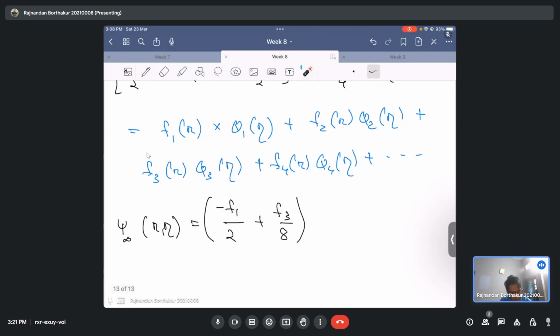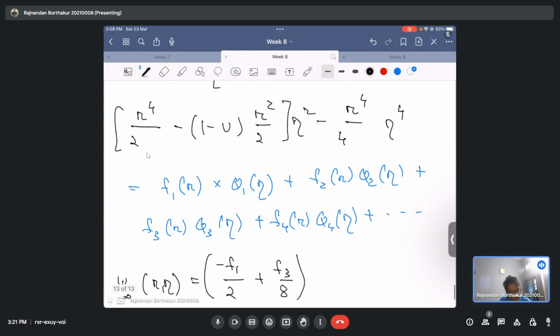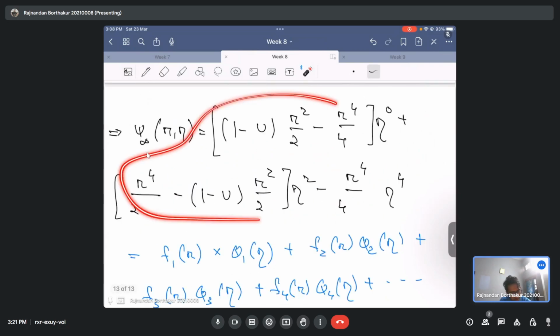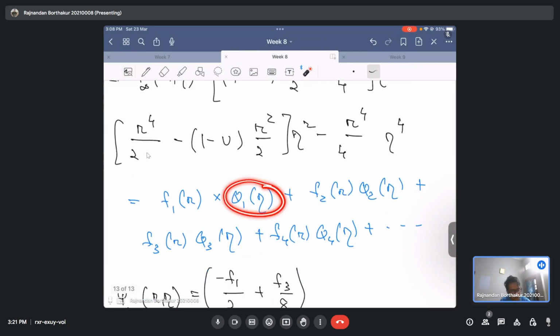So again I repeat, the exercise is to write this function of r and eta in terms of a function of r denoted by f1, f2, f3 and so on, and the Gegenbauer polynomials qn's. Okay, so that's the idea.